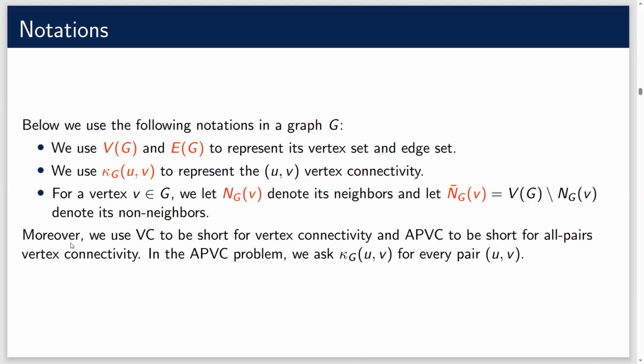Moreover, we use VC to be short for vertex connectivity, and so APVC is short for all pairs vertex connectivity. In the all pairs vertex connectivity problem, we are just asking the connectivity of u and v for every pair. So these are some notations.